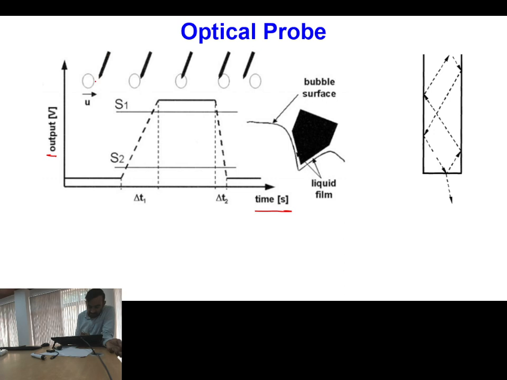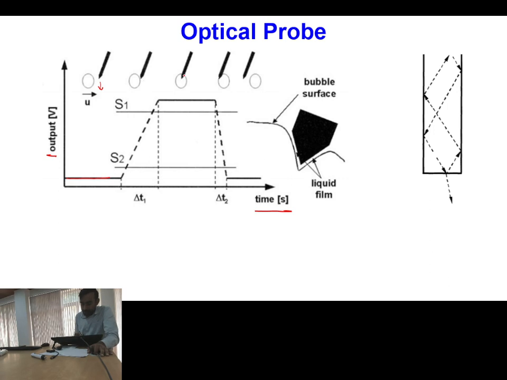In this case, you can see this is the bubble, and this bubble is approaching. Once it is approaching, the probe is purely in the liquid medium. As it is in the liquid medium, there will not be any reflection, because of which I am not having any voltage at the output or very little voltage at the output. Once my bubble has reached very close to the probe, then slowly my signal will start increasing.